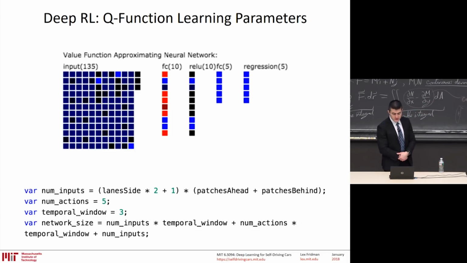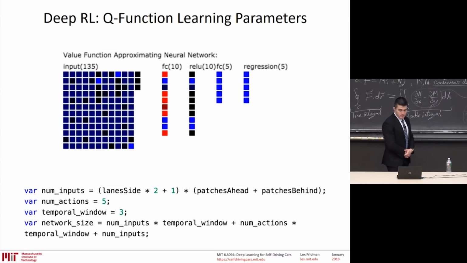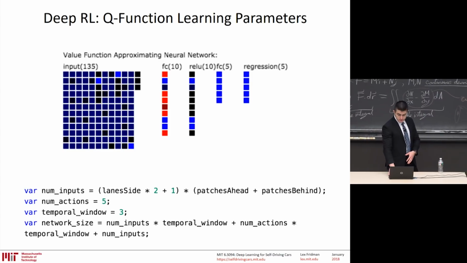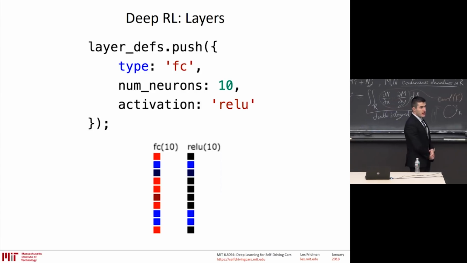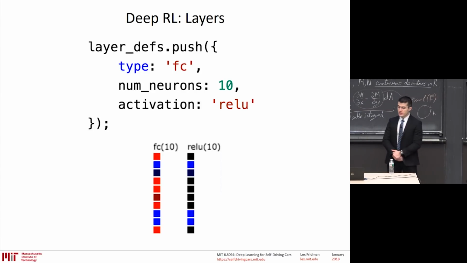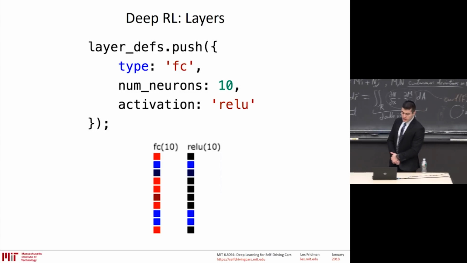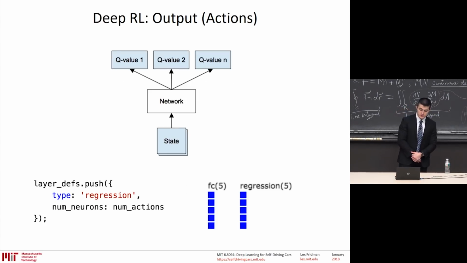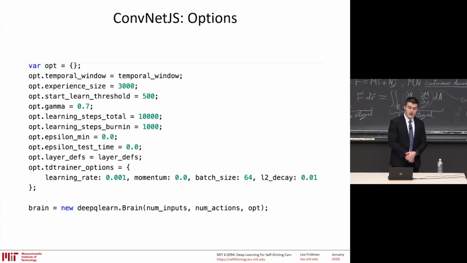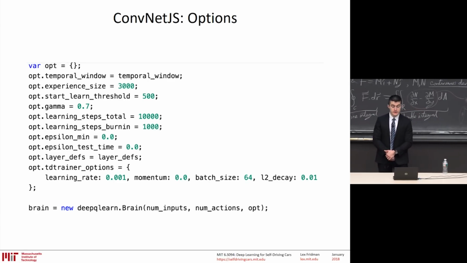There's a lot of parameters. The temporal window, the layers, the many layer types that can be added. Here's a fully connected layer with 10 neurons. The activation functions, all of these things can be customized as is specified in the tutorial. The final layer is a fully connected layer with output of 5, regression, giving the value of each of the 5 actions.